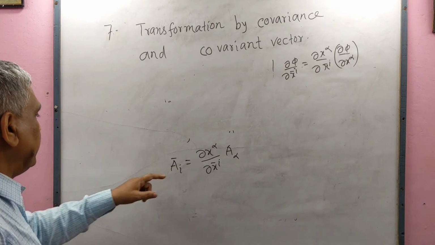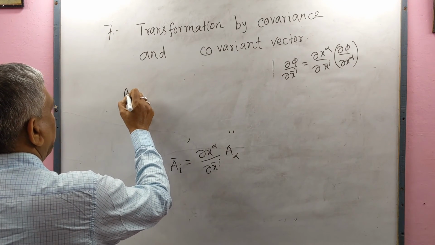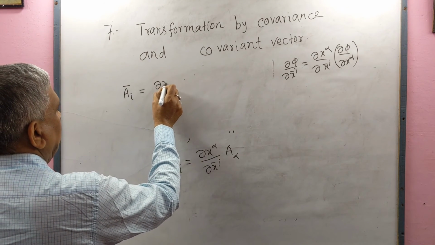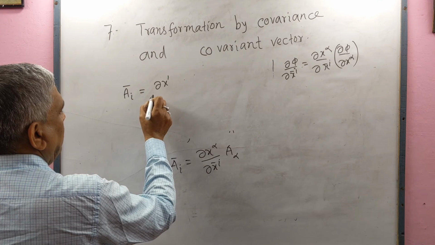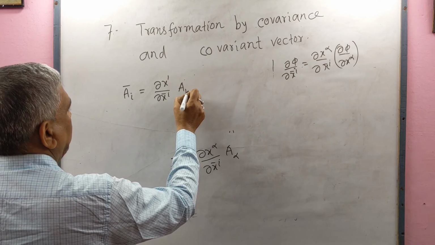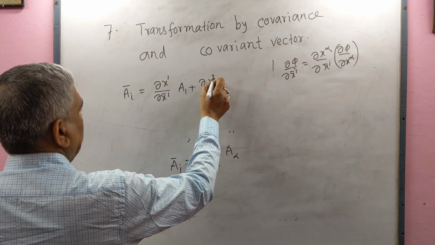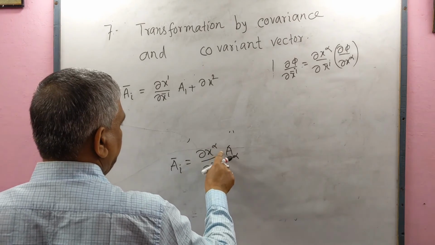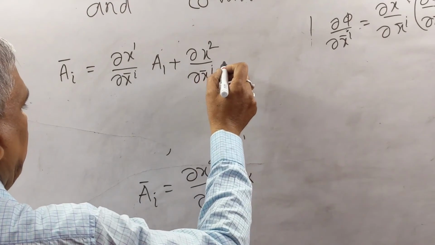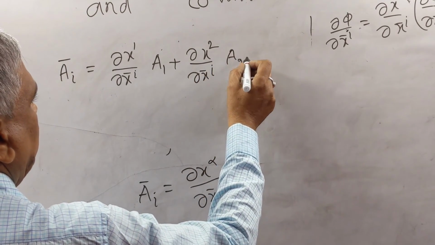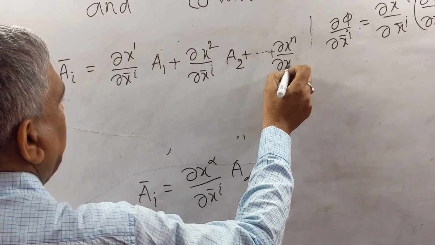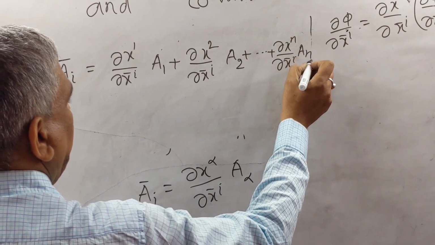Here a bar i equal to del x1 by del x bar i a1 plus del x2 by del x bar i a2, as alpha is the dummy suffix, so it denotes the summation, plus dot dot dot plus del xn by del x bar i an.